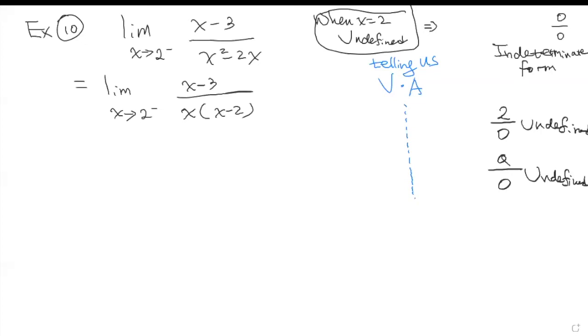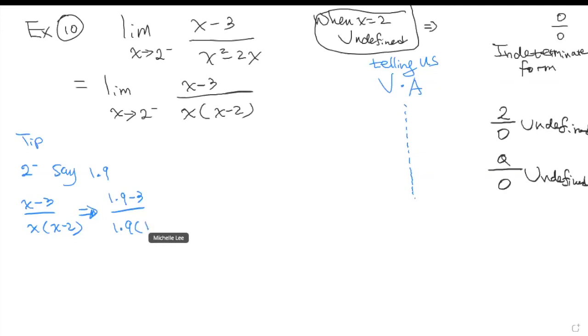Okay, let me give you a tip. So 2 from the left, say 1.9, okay? Then we plug in 1.9 minus 3 over 1.9 times 1.9 minus 2. We're not going to calculate, because you guys are not good at the calculation part. I'm just kidding.